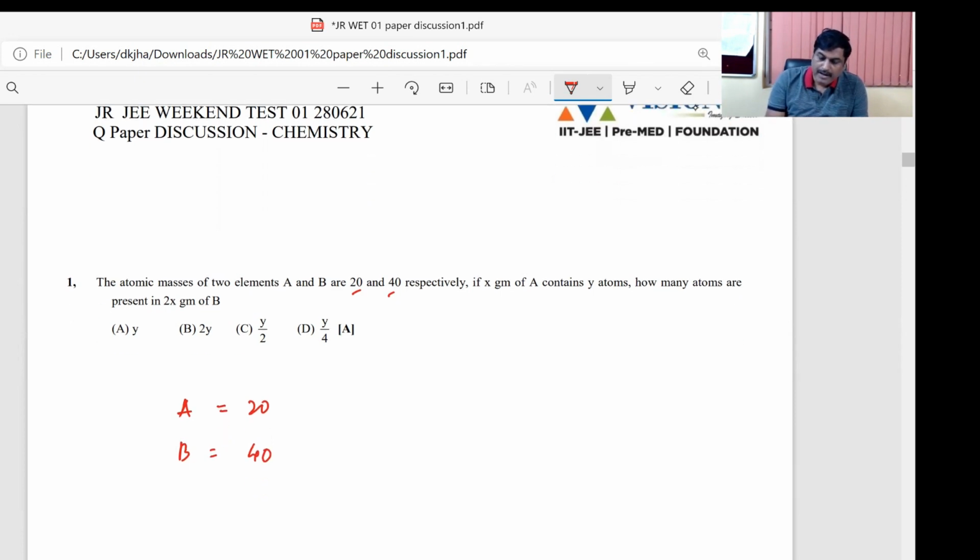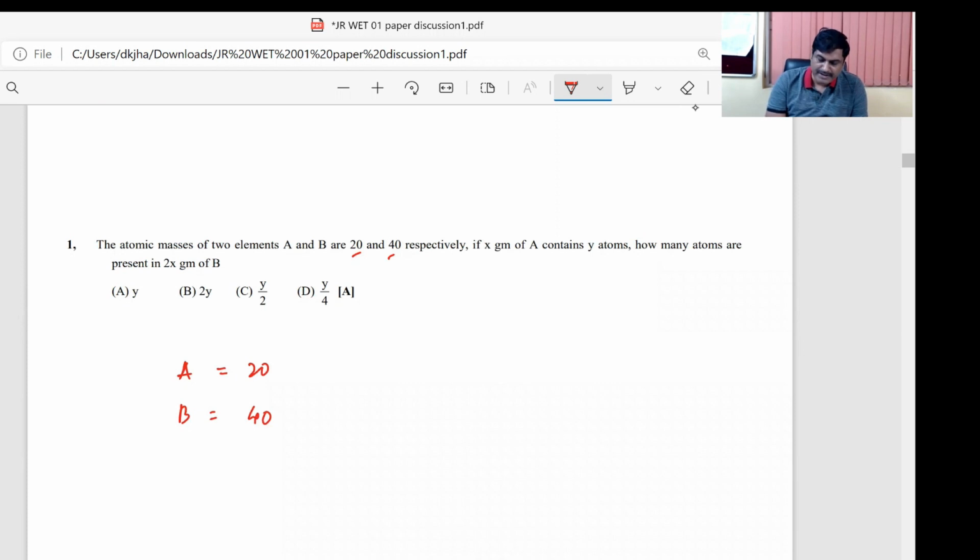Given that X gram of A contains Y atoms, how many atoms are present in 2X gram of B?